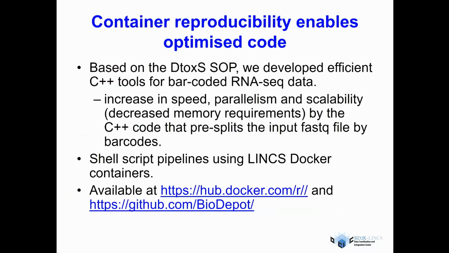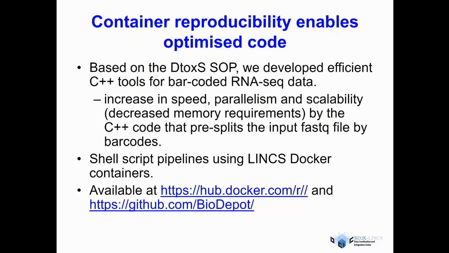One other thing that comes out of this, once we get the reproducibility, is that once we've containerized everything, you can actually do more optimization. You can specify exactly what libraries you want, and you know that will be delivered. You don't have to worry about the user having a specific library, or Bioconductor having a specific library available to all its packages before you can do optimization.